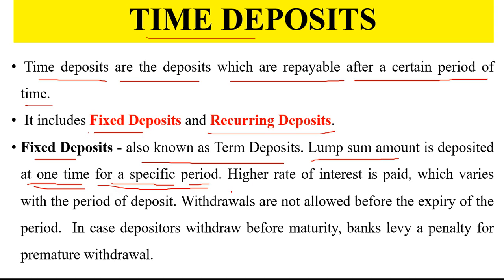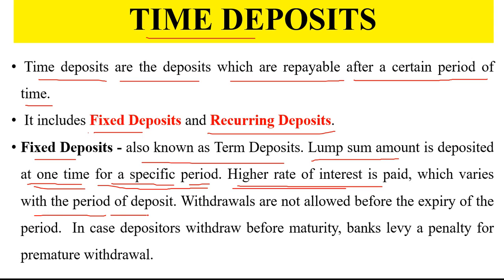And when you are depositing the money for 10 years, 20 years, you get a higher rate of interest, okay. Now this rate of interest depends upon the period for which you are keeping it.